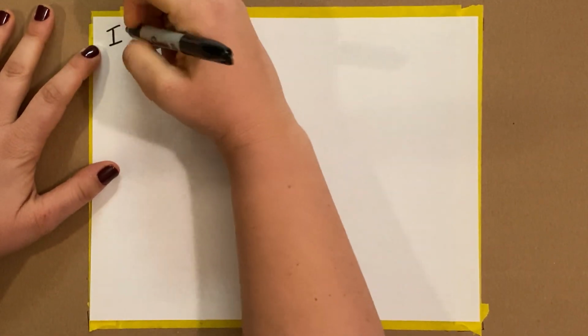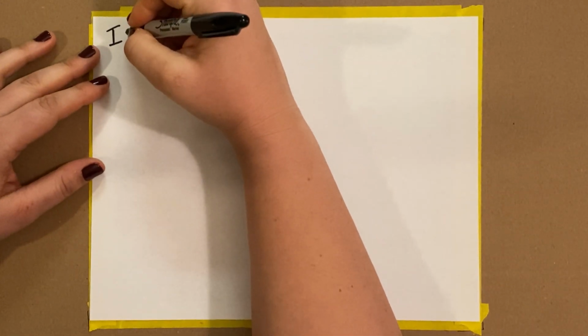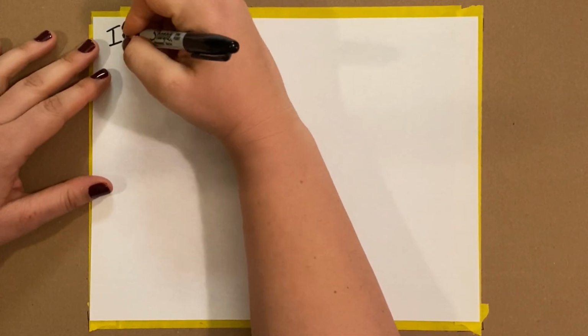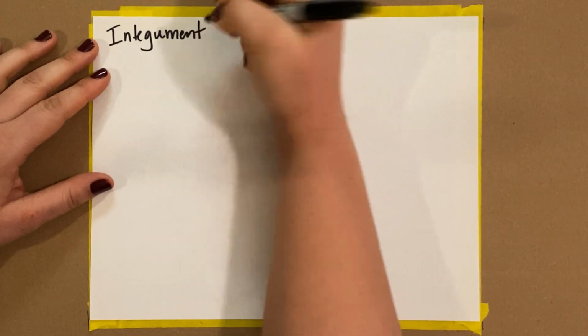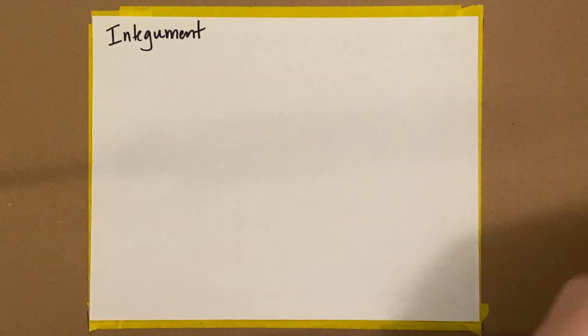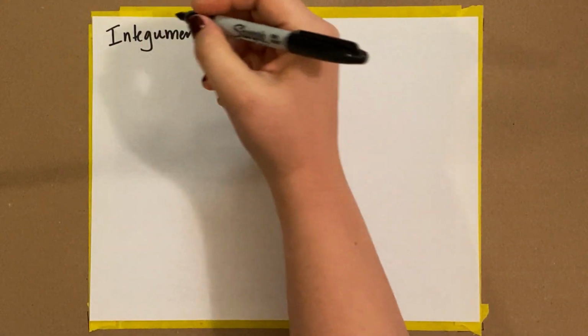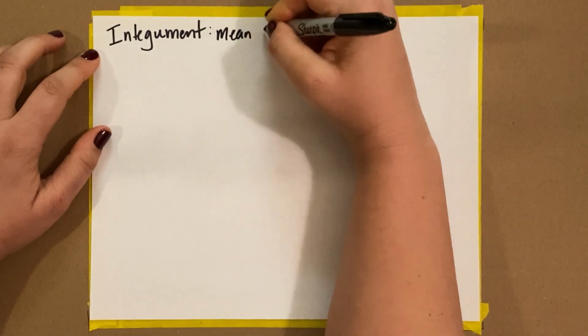So today we're going to talk about the integument, which is going to consist of the skin and all of the accessory structures and appendages of the skin. Put here, the word itself means covering.